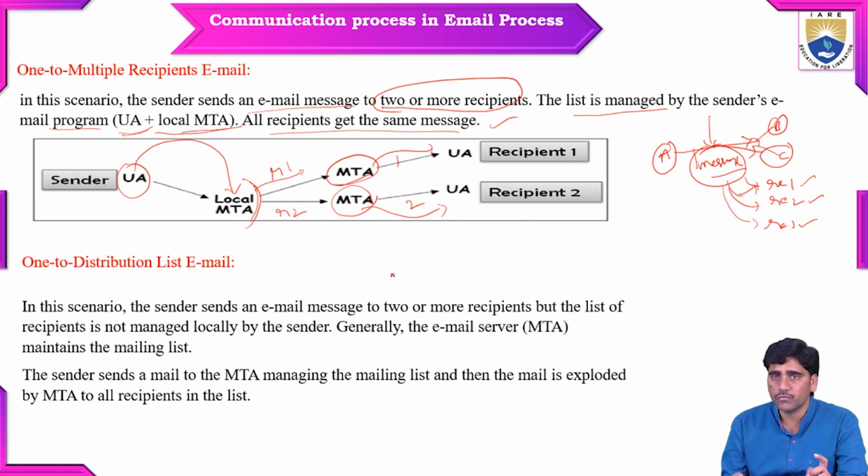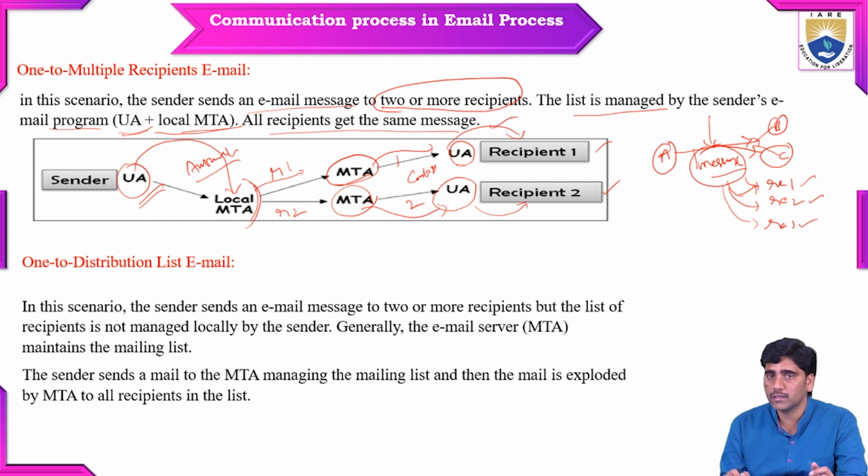Now this mail is verified and authenticated through the recipient authentication. Once the message is authenticated and verified, the message is received by recipient 1 and recipient 2. So the services we are providing here are authentication and confidentiality, because we are writing secure mails.